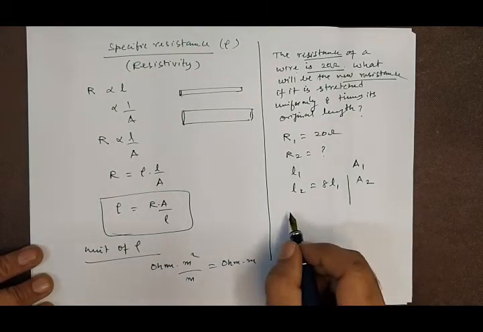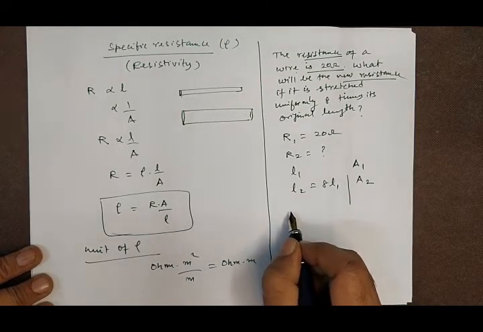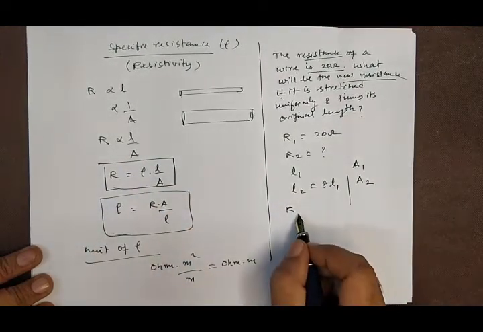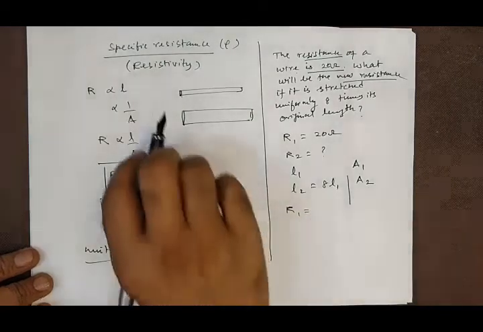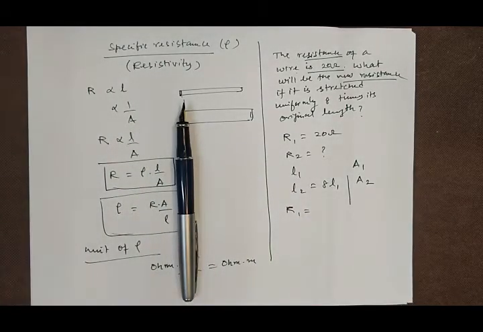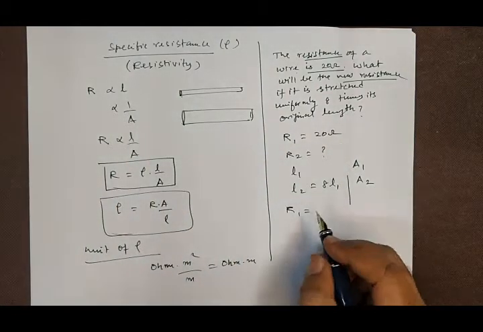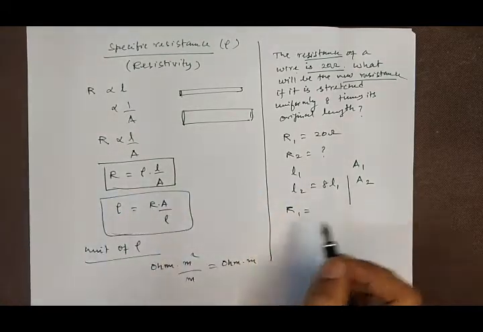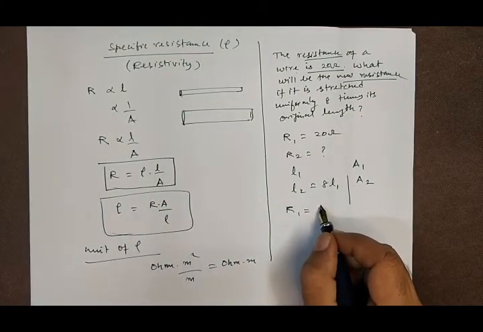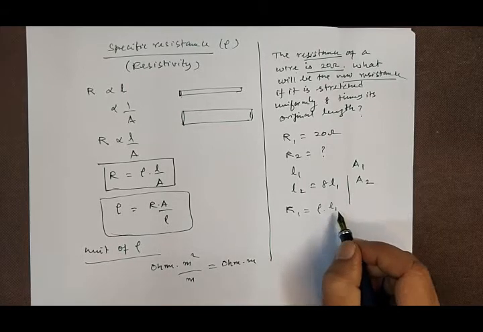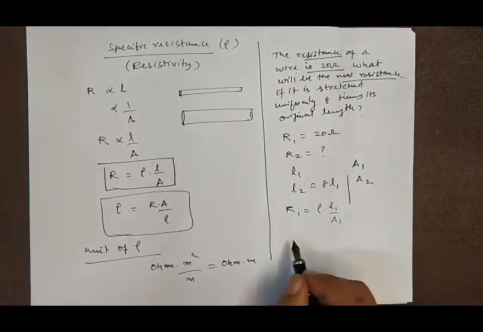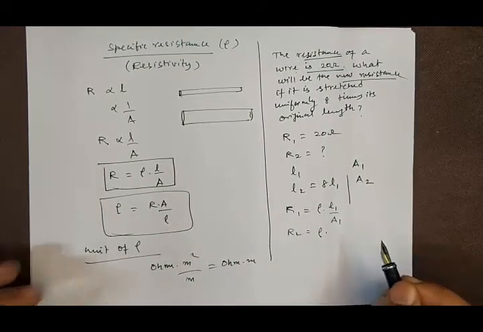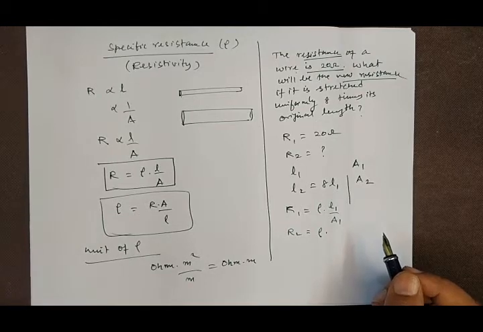We know R1, let us consider this equation, R1 is equal to 20 ohms here. So let us make use of this equation. R1 is equal to rho into L1 divided by A1. What is R2? That is rho into L2 by A2, because rho is not going to be changed, we use the same material.